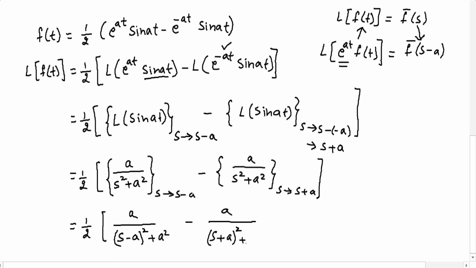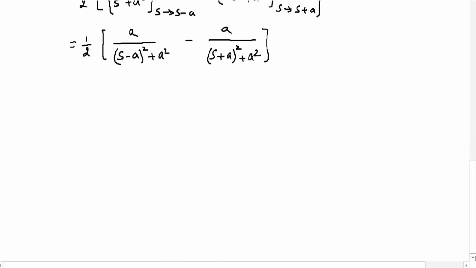plus a square. Now further we need to expand this one. If you try to expand this denominator value, we'll get the expression equal to 1 by 2 times a by. It is in the form of a minus b whole square, so we'll be getting a square minus 2 times a into b, that is 2as, plus b square. b square will be your a square value.